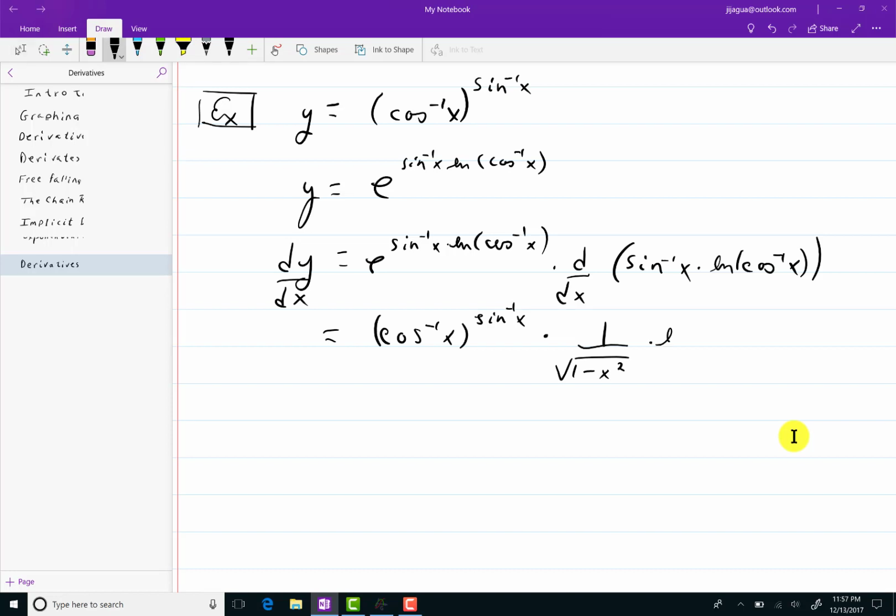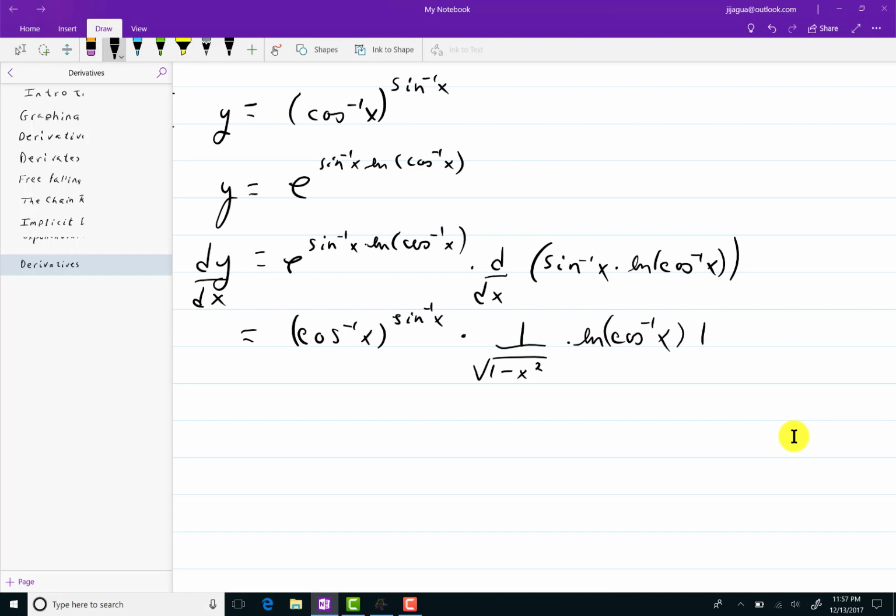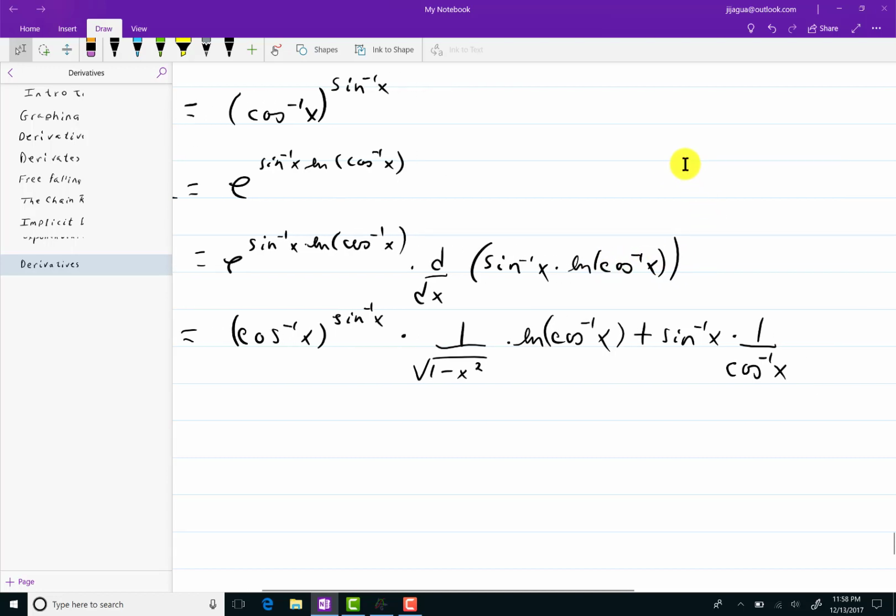Leave ln cos inverse of x alone, plus, now this time we're going to leave sine inverse alone, but the derivative of ln of cos inverse of x is 1 over cos inverse of x. But see, this cos inverse of x is inside of the natural log. 1 over x is the derivative of ln of x. So I still need to attach on this piece the derivative of cos inverse of x. So let me write it here.